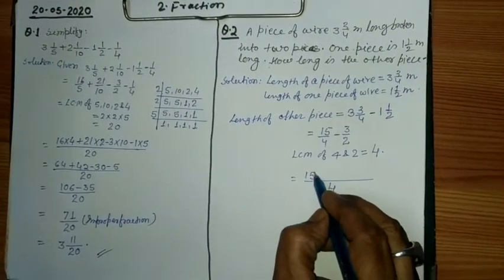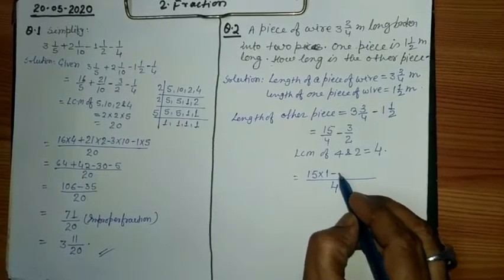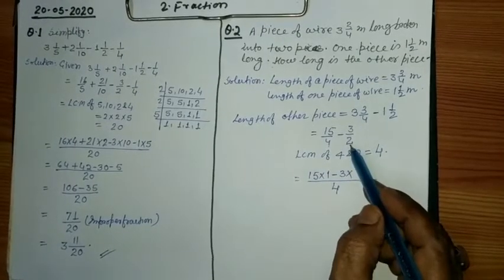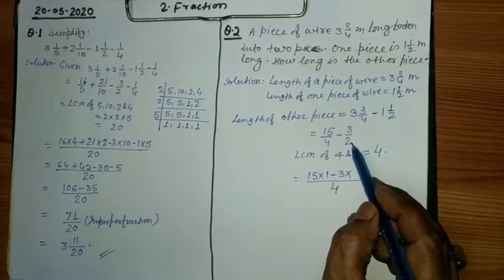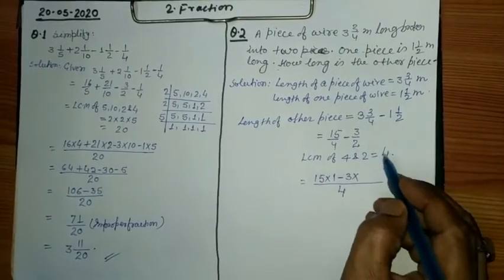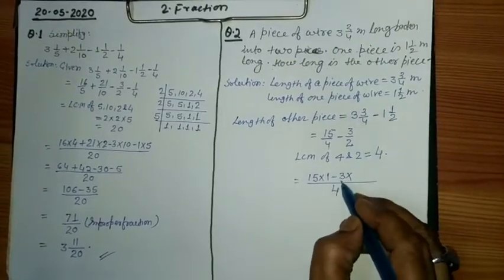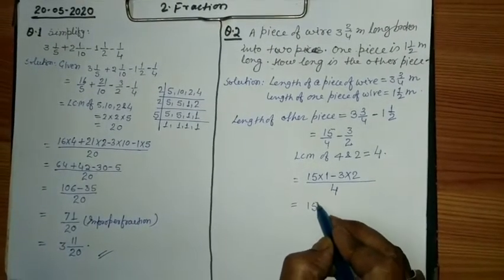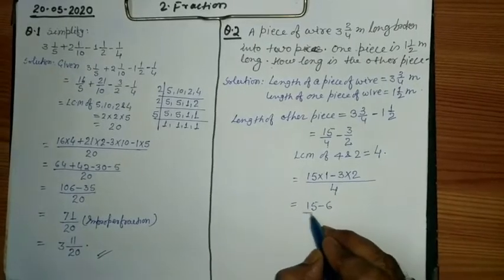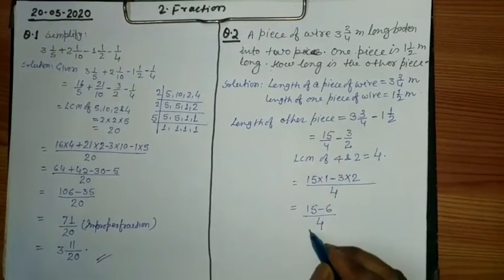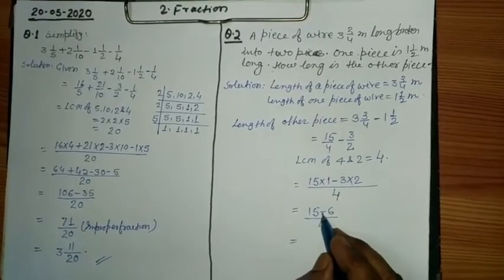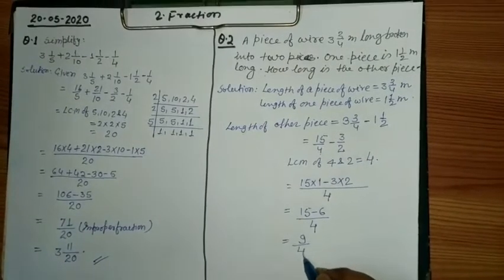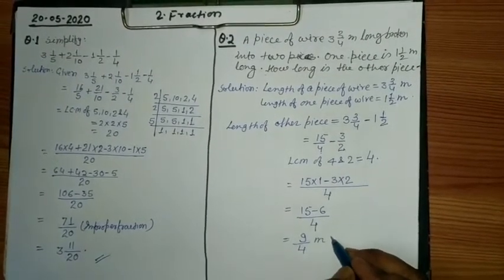That is 15 multiplied by 1 minus 3 into 2. 2 twos are 4. 4 divided by 2, LCM divided by the denominator, we get 2, and multiply the numerator, 3 into 2, equal to 15 minus 6 upon 4. 15 minus 6, that is 9 upon 4 meter.